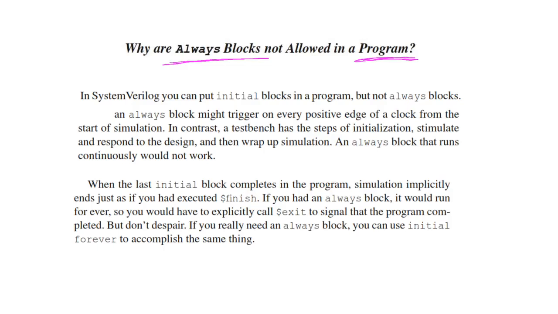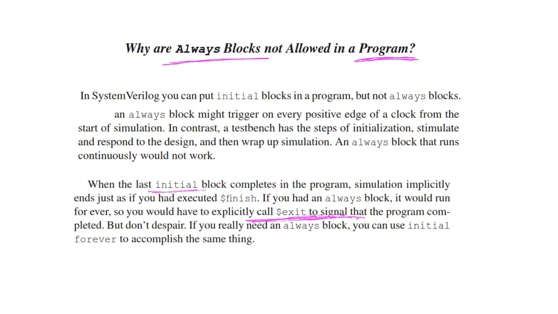So if you want to come out of that program block while using an always block, you must explicitly call the exit statement. Where to put this exit statement is going to be again a problem. By that time, whether it is able to complete the task of verifying or not, you cannot say. So instead of using an always block, you can use an initial block in the program, that means the test bench.